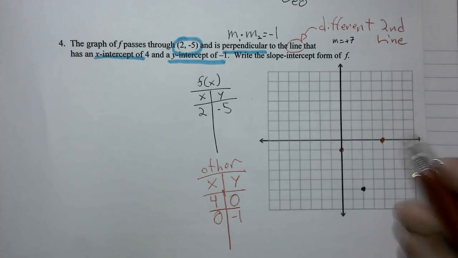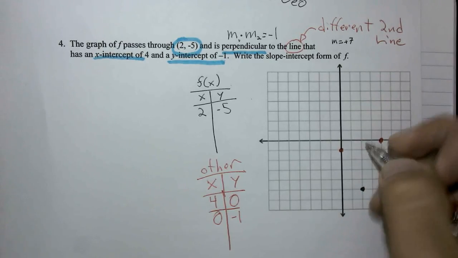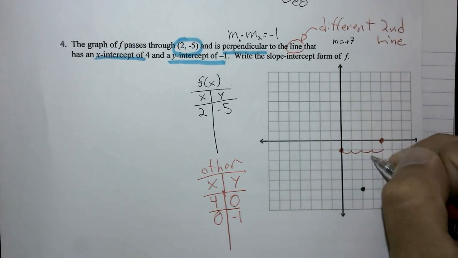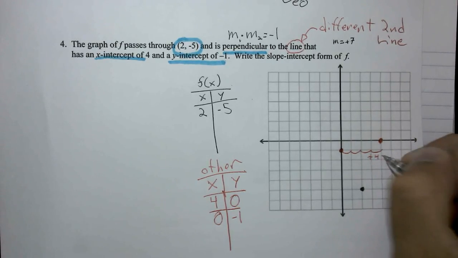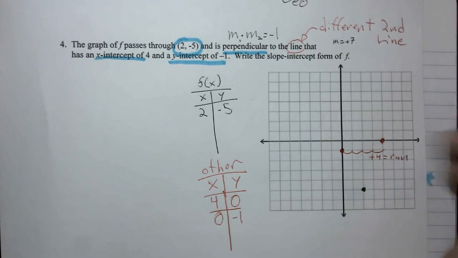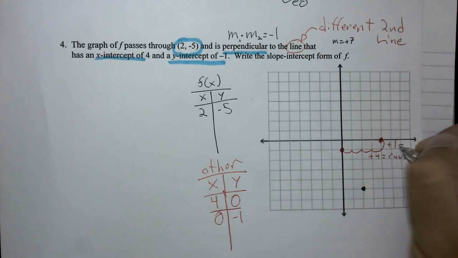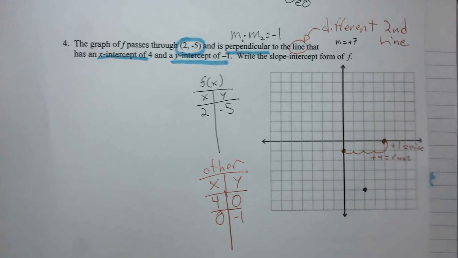We know that we can get a hold of this slope if we use rise over run. So if we move over once, twice, 3 times, 4 times, our run for the second line is 4. Our rise for that second line is 1.